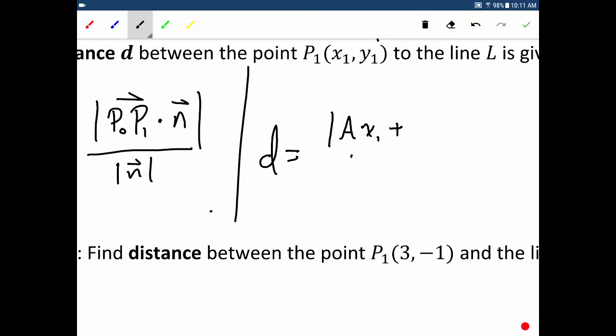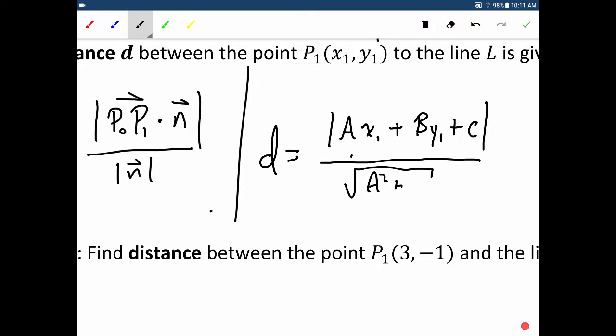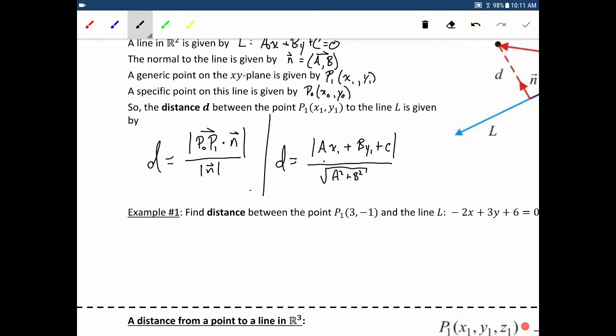And then we've got B Y1 plus C, and we take that and we divide it by the square root of A squared plus B squared. Okay, and so this is the same formula, it's just another way of writing it, and so arguably a little easier to get your head around, but it will give you the same answer regardless how you do it.